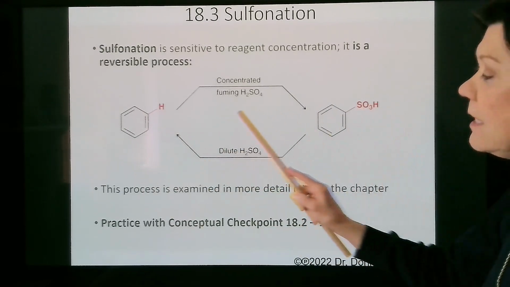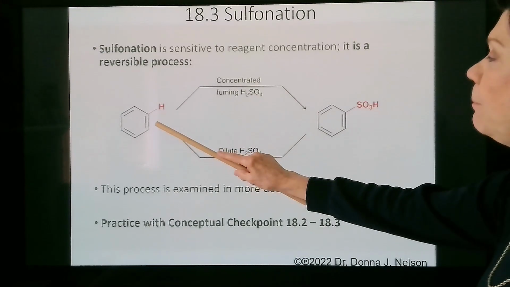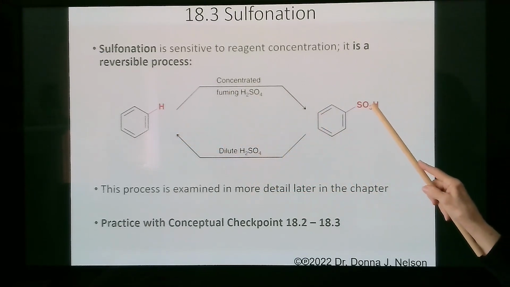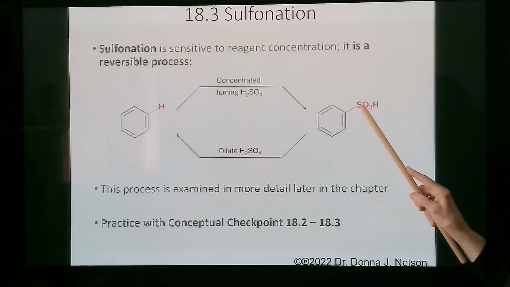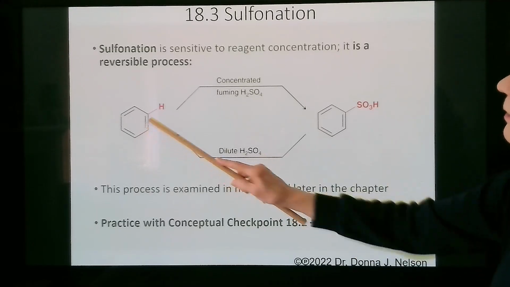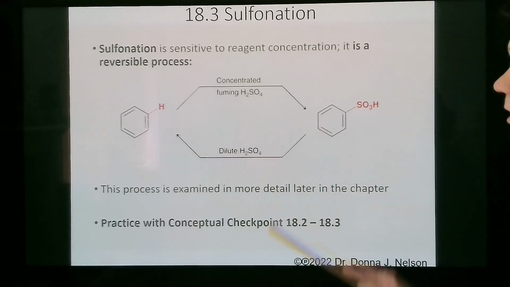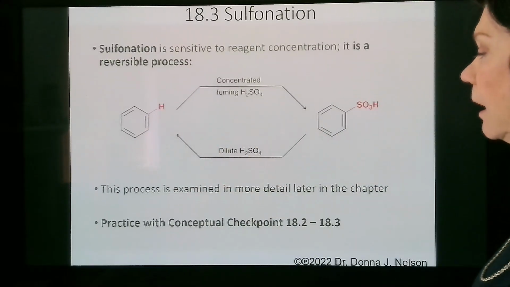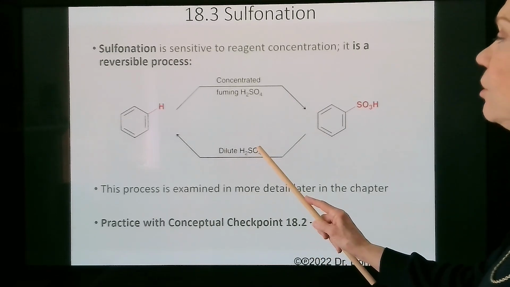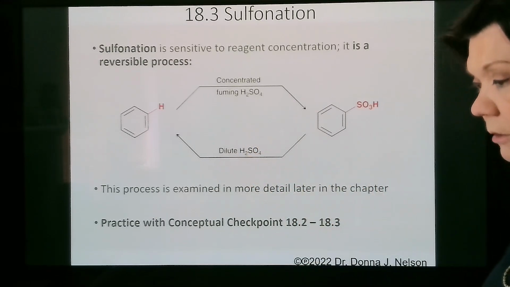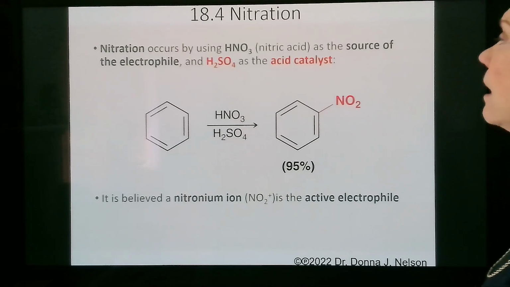And so this becomes useful if you have to put sulfonate on as, say, a blocking group, and then remove the sulfonate on down the line to remove the blocking group. So this is useful, being able to reverse the process.